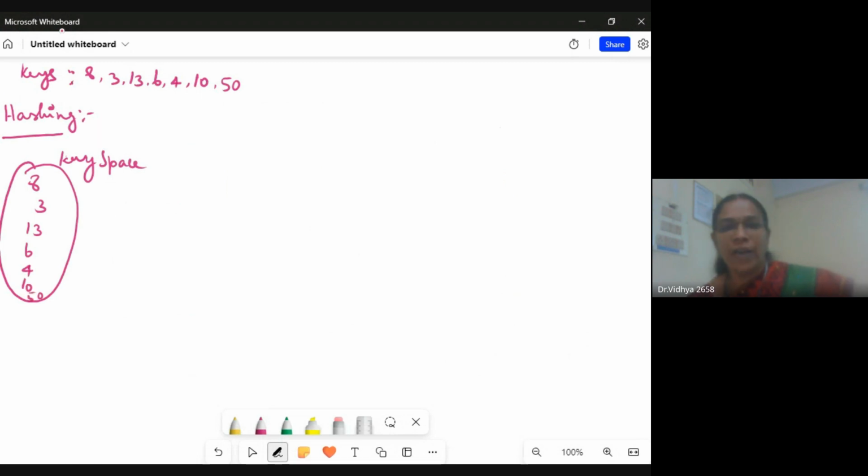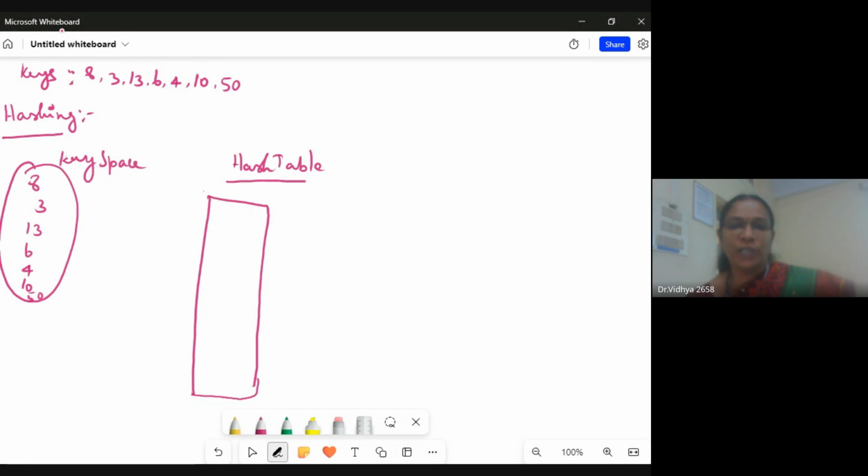Then we have another structure called the hash table. The table structure will be like this. This table contains index 0, index 1, index 2, index 3, index 4, index 5, and likewise the index will go up to the maximum number of elements we have.